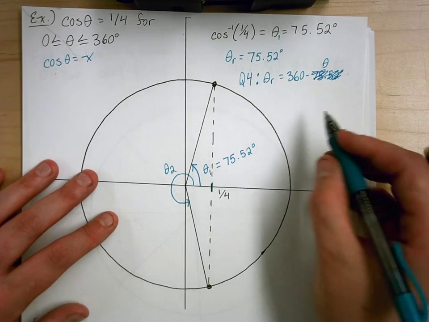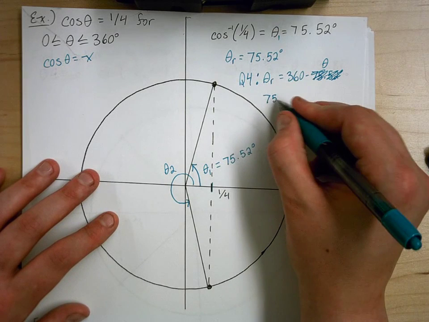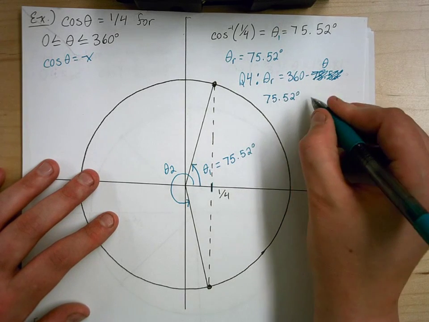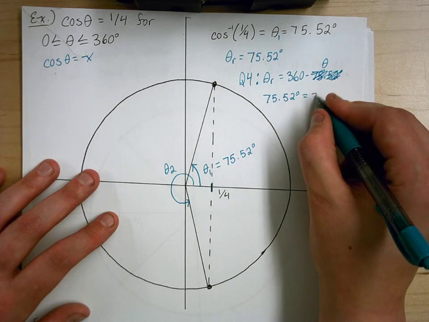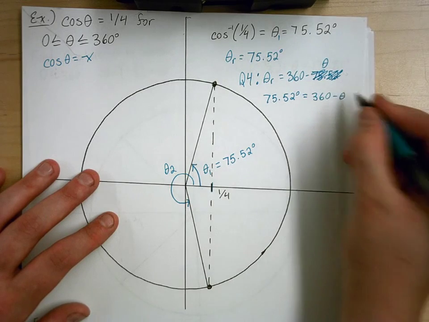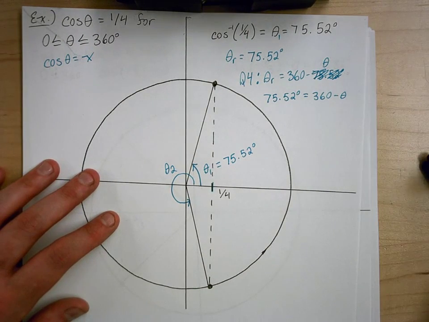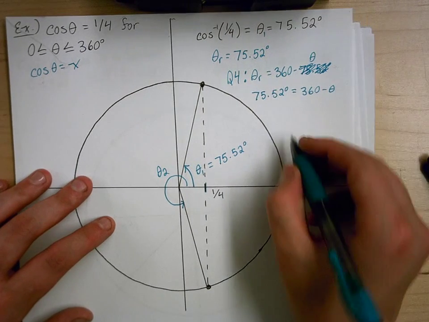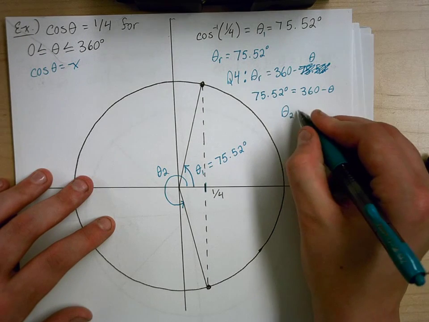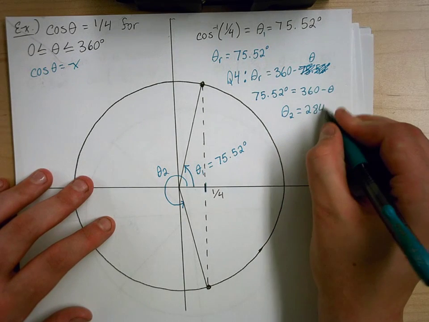All right, so that means that 75.52 degrees equals 360 minus theta. All right, then if we go ahead and solve for theta, we are going to get that that equals 284.48 degrees.